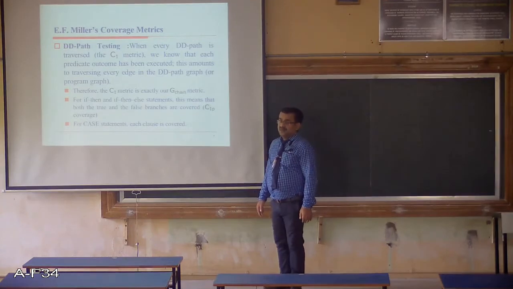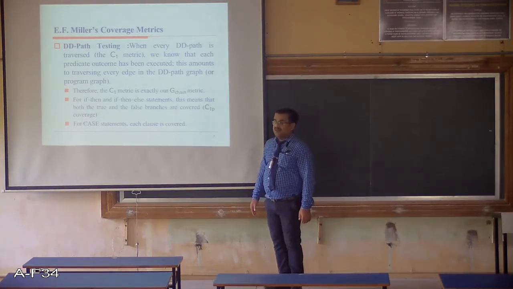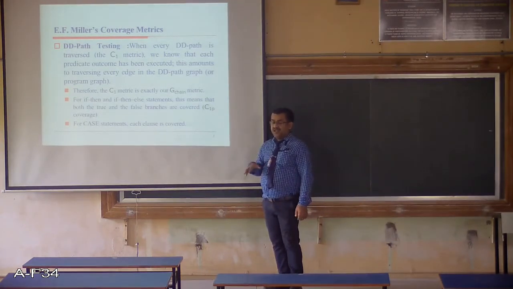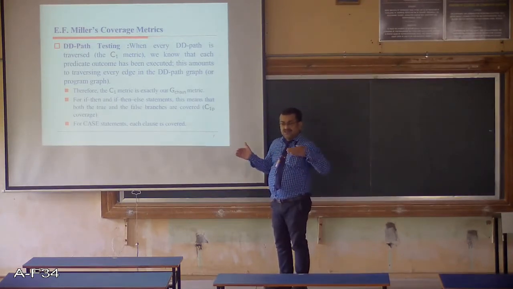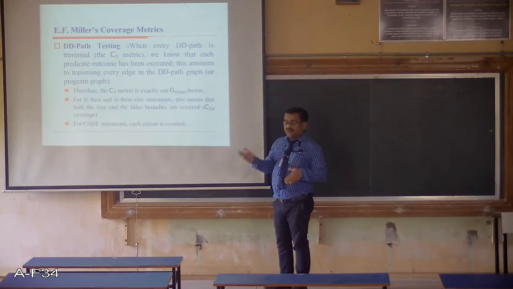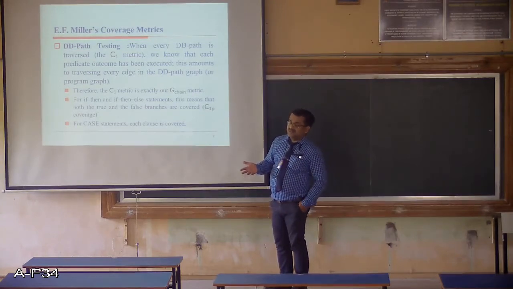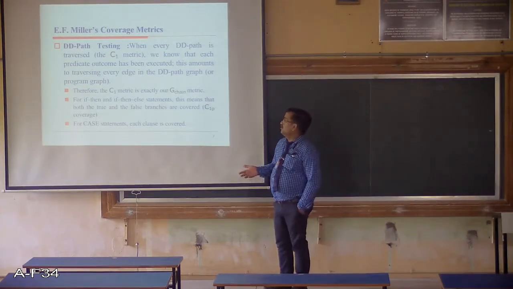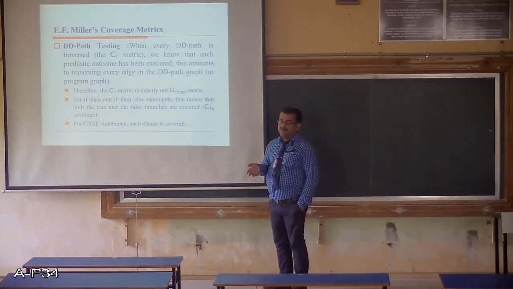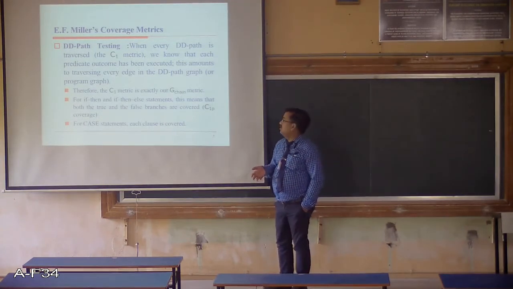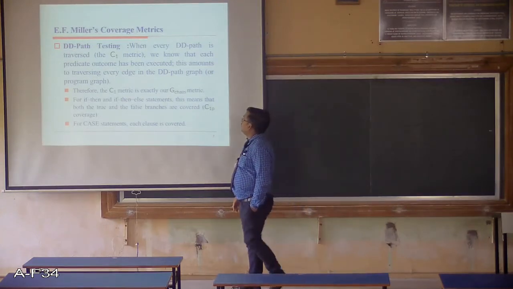We know that predicates mean the decisions, so if every outcome of those decisions is tested, then every DD path has been covered by the set of test cases. So basically it is the testing of every outcome of the DD path graph.